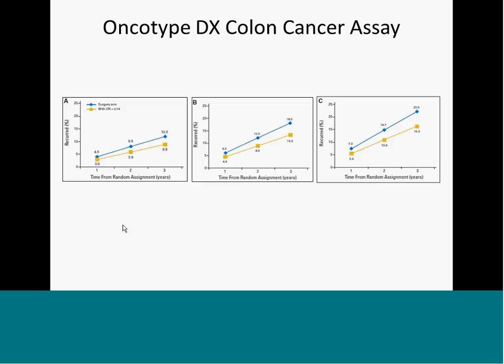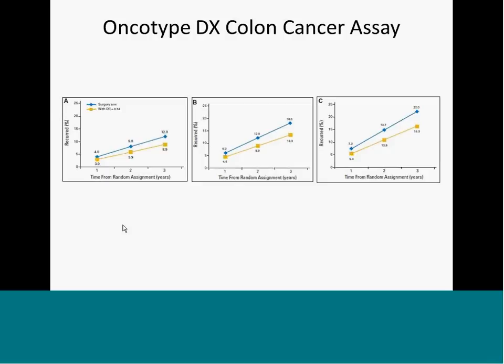Remember, the breast cancer Oncotype contains both prognostic and predictive information. So if you apply a breast cancer Oncotype, you can identify those patients who are at high risk for recurrence, but you can also predict who will benefit from chemotherapy. The biggest problem with colon cancer, which has not yet been resolved, and which is why most of us do not order it, is that it's unclear whether or not it has predictive capability.